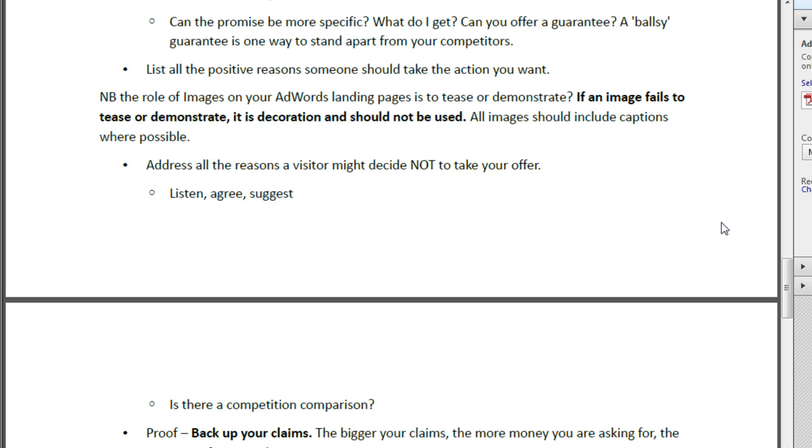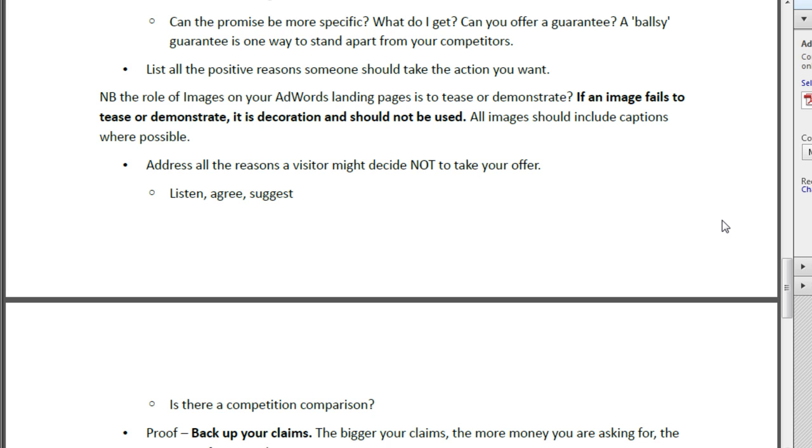Claude Hopkins, who wrote Scientific Advertising, described this in a way that you wouldn't let your field sales team go and visit a customer and leave without talking about all the possible reasons why the prospect should go ahead with the deal. And your webpage essentially does the same thing. And it's thinking about how much of a jump you're asking your visitors to take, and then that will dictate how long the page should be.